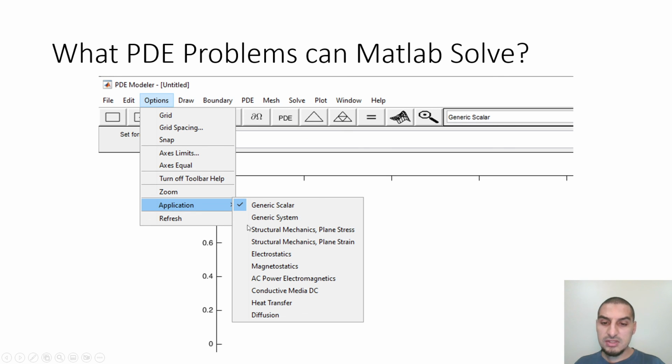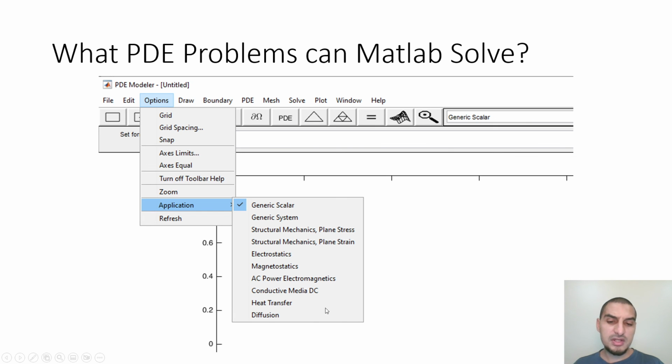So there is the generic system, which is a function of any generic variables that can represent anything according to your inputs. But there are equations for structural mechanics, for electrostatics, for magnetism, magnetostatics. I don't know what it is, but this looks like some electricity calculations, AC power, conductive media, DC. So it's kind of structural or civil engineering things and electrical engineering things.